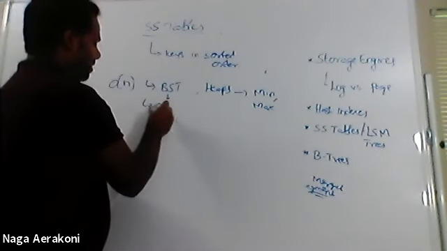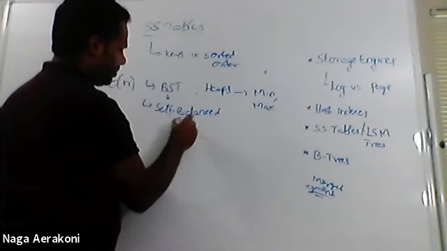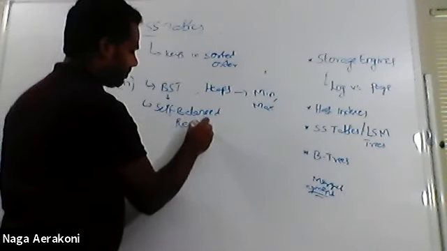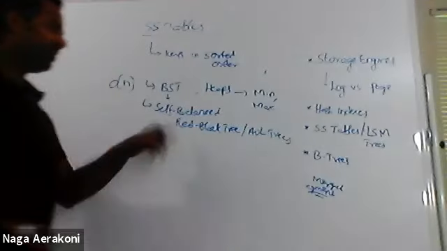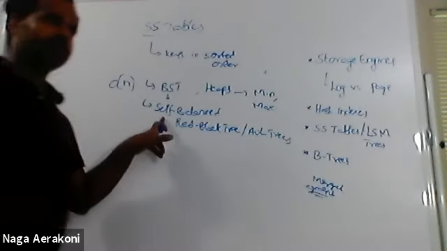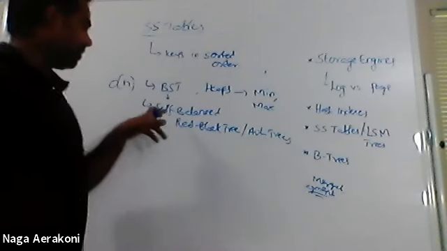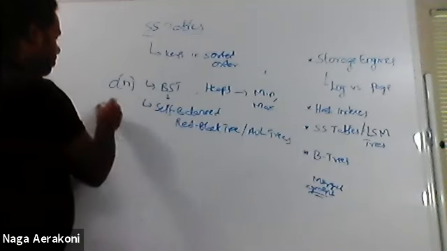So what are the self-balanced binary trees? AVL trees or red black trees. Yeah, these are two of the famous ones. I think there are a few other variations also. But these are good at storing the keys in sorted order, and they are balanced also, so we always get a lookup of log n.